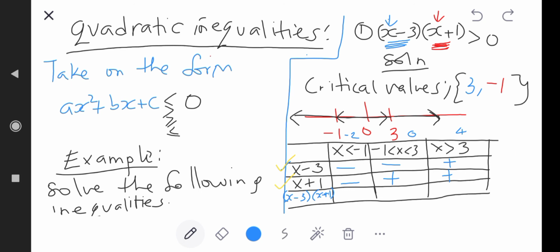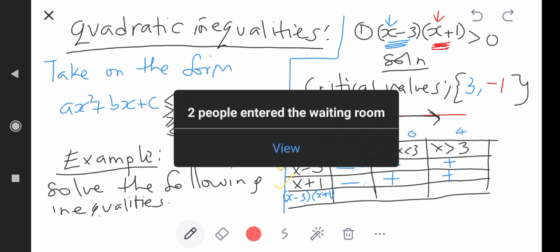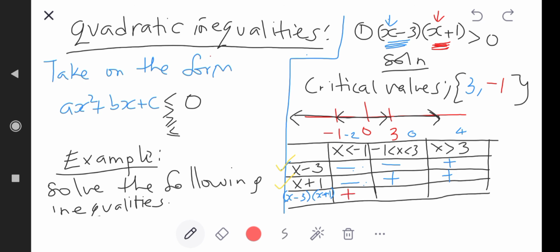So I am going to multiply these signs, this negative times this negative, the ones above. When I multiply negative times a negative, ladies and gentlemen, I expect to get a positive. When I get a negative times a positive, I expect to get a negative. When I multiply a positive times a positive, I surely expect to get a positive.